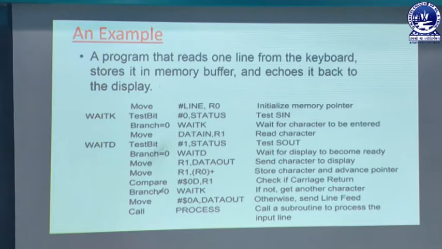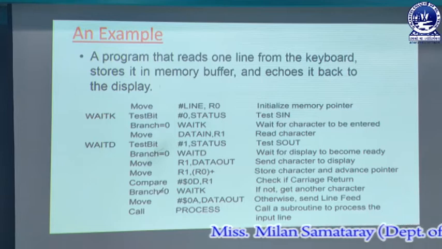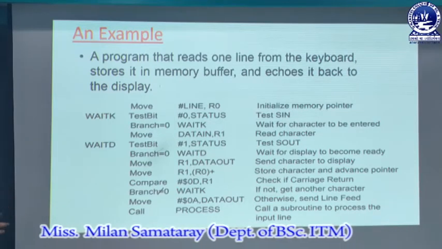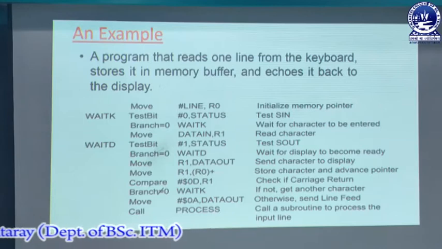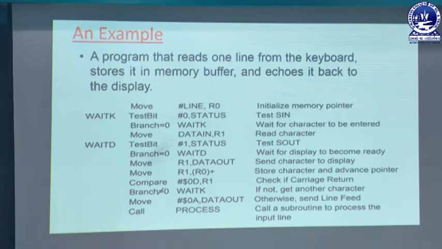So first is our Move #LINE, R0. Here the hash means immediate addressing. So whatever the content of the line, it is transferred to R0, and this line is basically used to initialize the memory pointer, because when we want to store something new in a register, first we have to clear the content of that register, then we can use it.